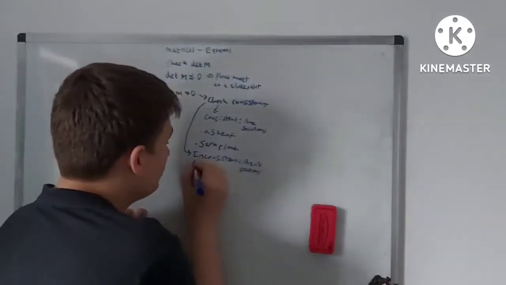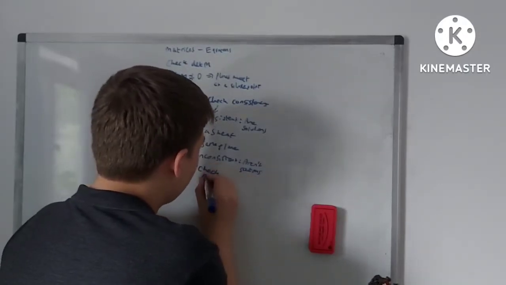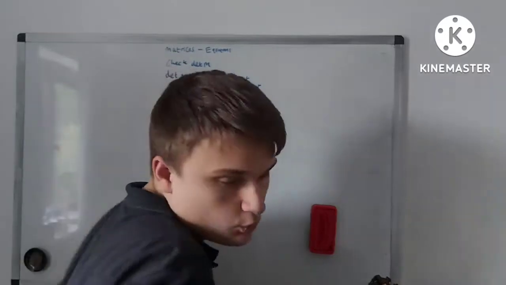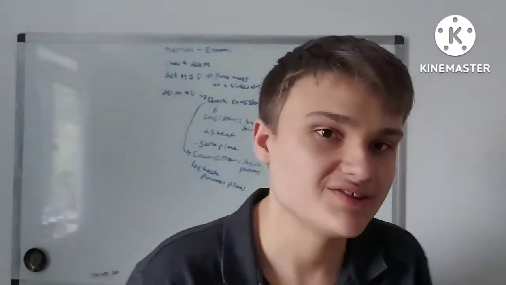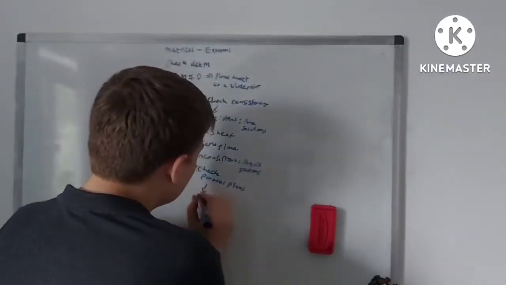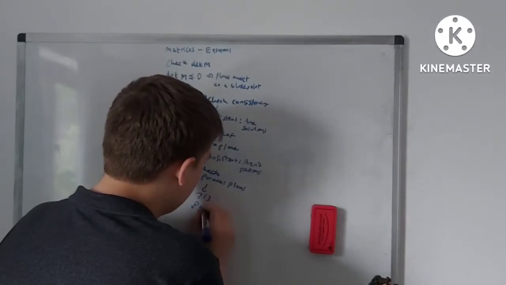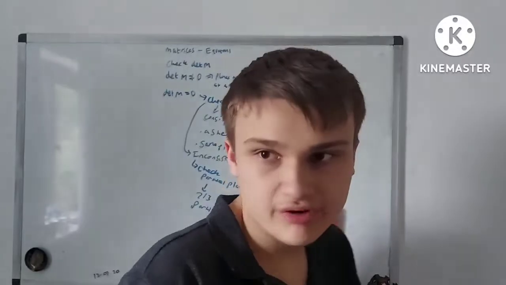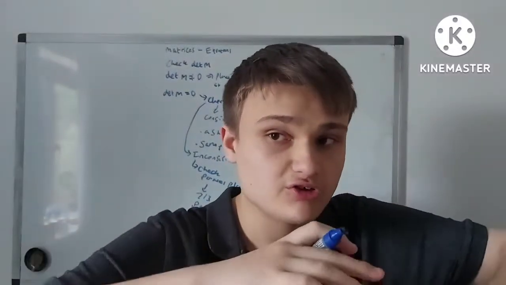So from here, we check parallel. We're checking for parallel planes. It could either be 2 or 3 are parallel, which more often is the case. 2 or 3 are parallel to each other, so basically parallel with each other in a line.